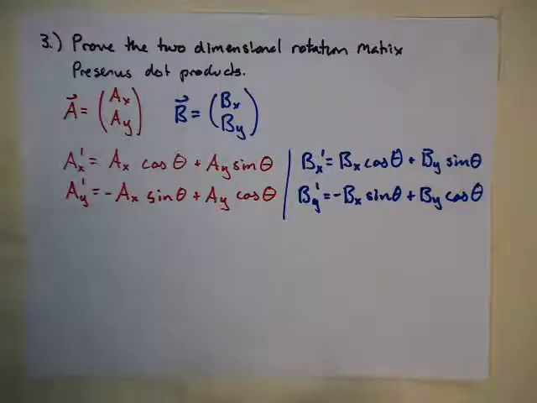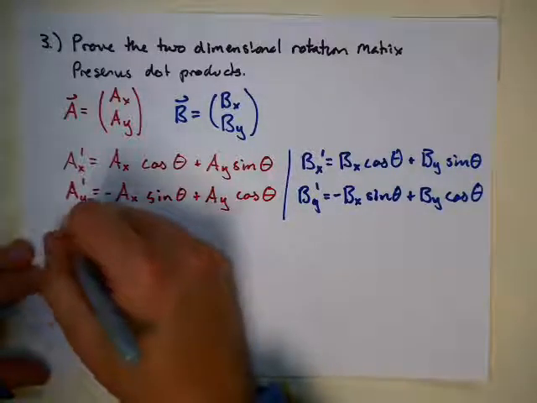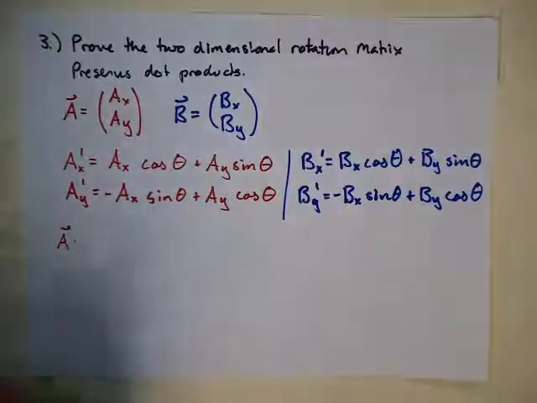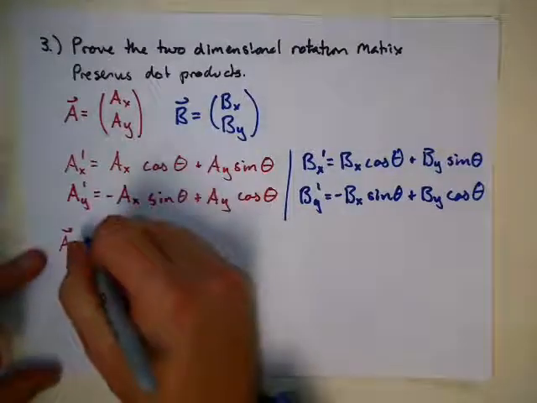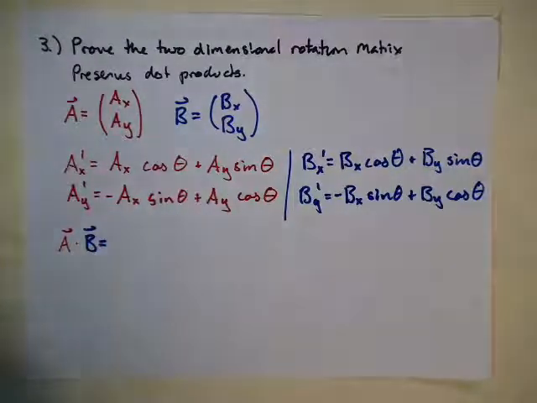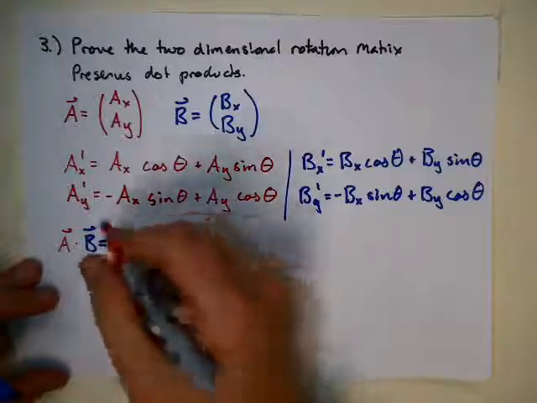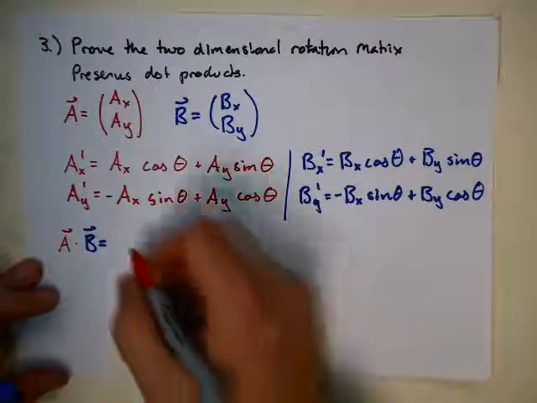To prove the equivalence of the dot product, what we're going to want to do is figure out what A dot B is in both the primed and unprimed components. We're going to start with the primed components because we have the substitution rules for those.